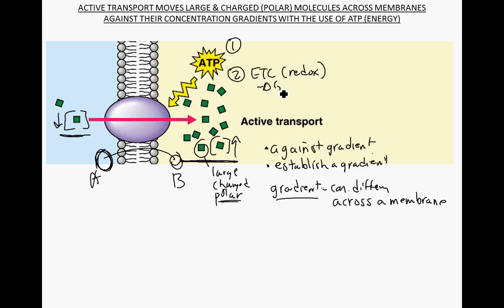So you should stop here, pause, and refresh your memory. Practice, get your confusions down about active transport versus facilitated diffusion, because those concepts play key roles in understanding membrane potential and how the neuron works.